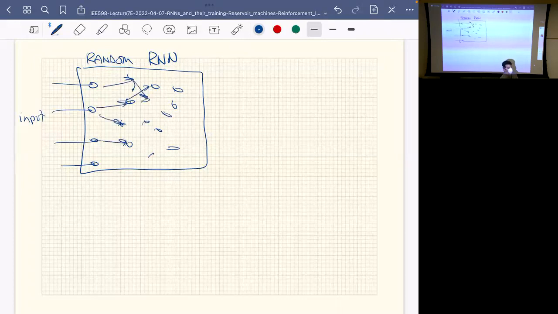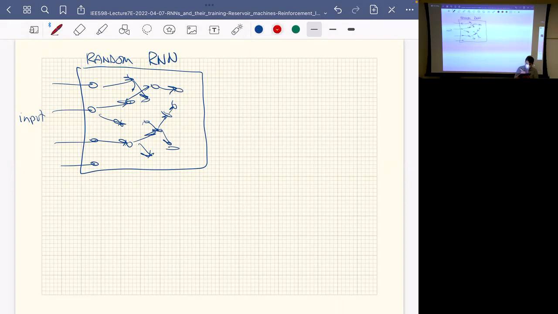So you say, I want 500 nodes, 500 time delay neural network neurons inside my recurrent neural network. I'm going to randomly define their weights. I'm going to randomly draw who's connected to who and how many connections there are, so that I just get this random transformation of the input. And then each one of these variables in the hidden vector can itself be a feature that can be an input to your single hidden layer network.